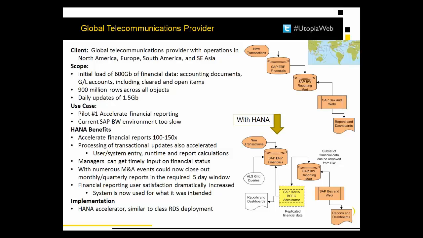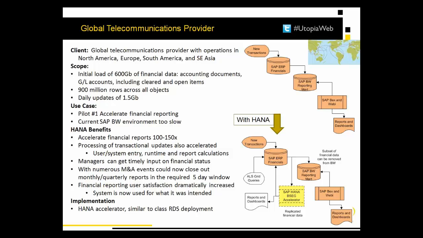And so the benefits: let me explore the lower right-hand corner of the slide. What they did was they implemented what we call an RDS, a Rapid Deployment Solution. And this particular RDS was focused on the BSEG data, which is the financial information in the BSEG group of tables inside of SAP ERP.